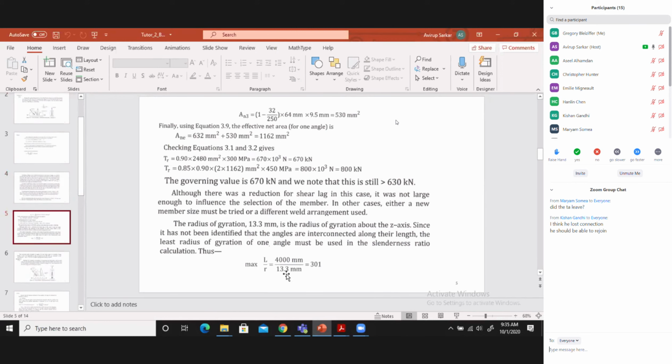So this is the logical explanation behind all this, R for a double angle where we are using two angle sections. Is this clear to all of you? Because this is not very straightforward.